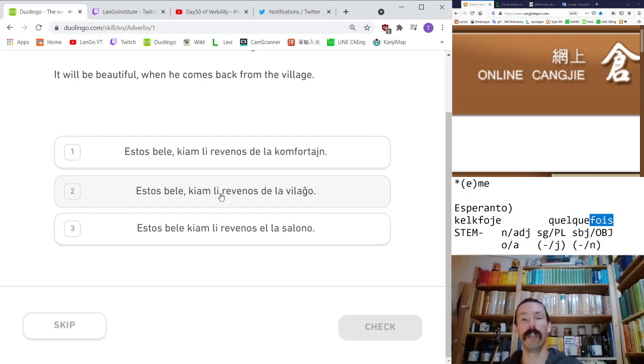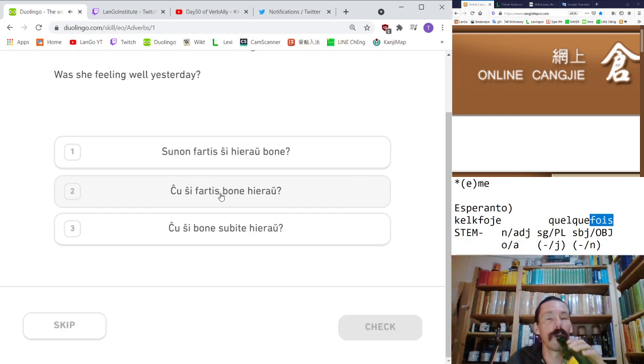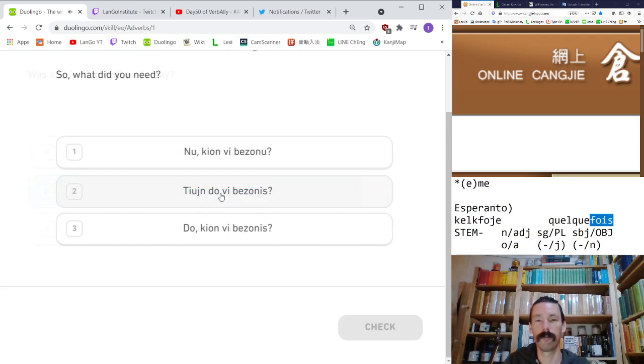It will be beautiful when he comes back from the village. The only one with villaggio at the end. Was she feeling well yesterday? Hiero for yesterday. Chu, she is a good beginning. True for the yes, no question. Number 2.